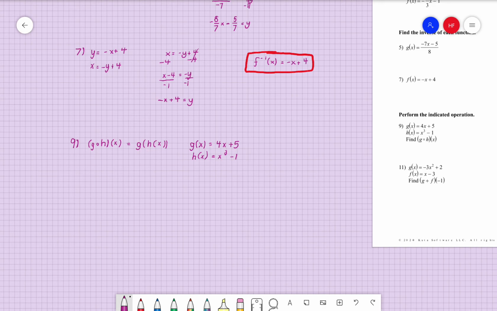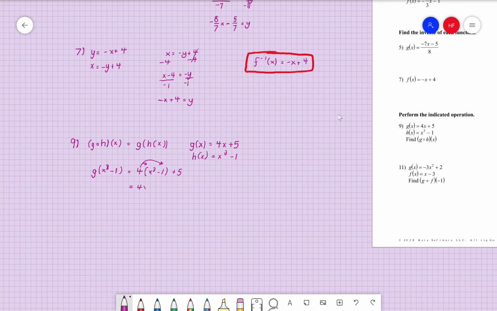So we're going to plug in h of x into my g of x. So g of x cubed minus 1, which is 4 times x cubed minus 1 plus 5. Distribute that 4.